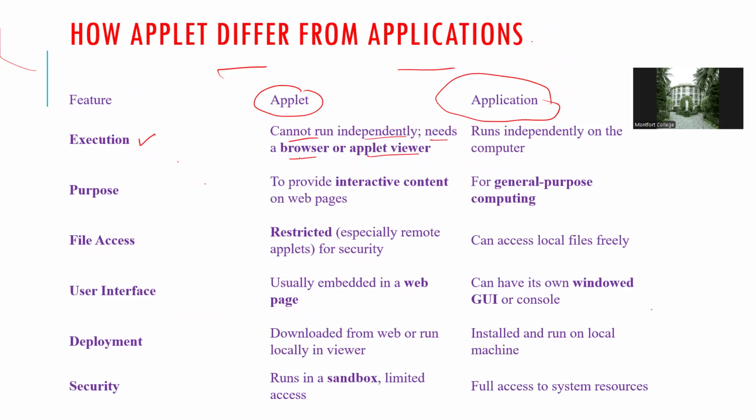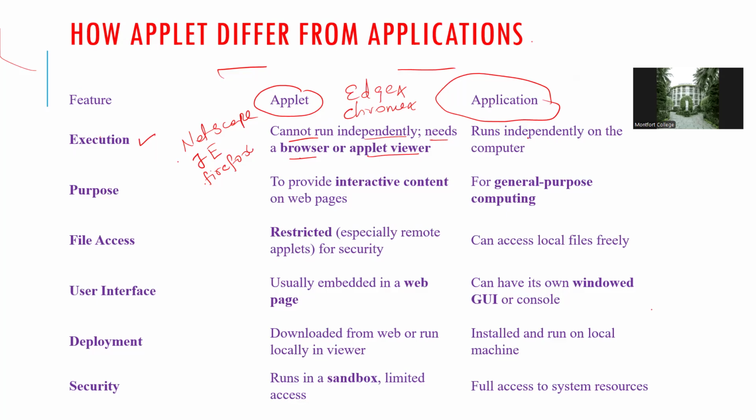Web browsers like Netscape, Internet Explorer, or Firefox. In these three only it will run. It will not run in present browsers like Edge. We cannot run applet in Edge. We cannot run applet in Chrome. It will not support.